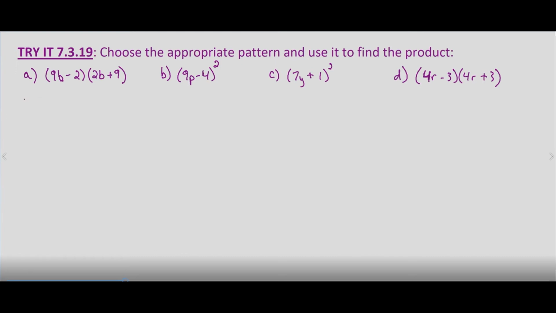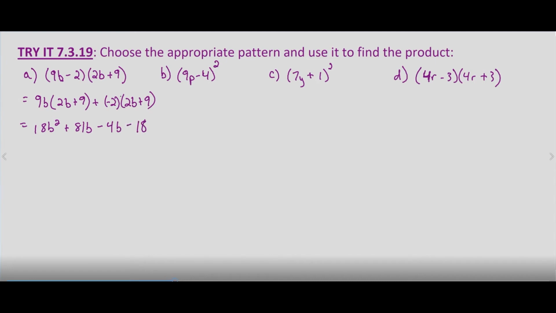So 9b times 2b plus 9 plus negative 2 times 2b plus 9. That's going to end up being 18b squared plus 81b minus 4b minus 18.